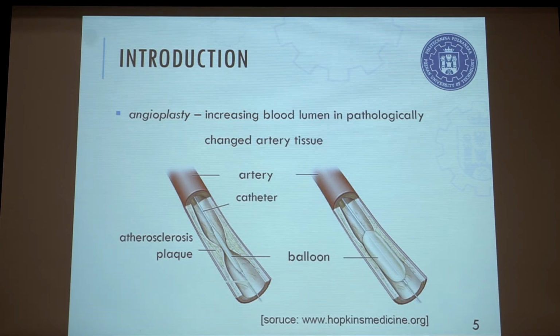The balloon is introduced on a catheter, and when it reaches the plaque, the balloon is inflated, and then the balloon, by contact, squeezes the plaque. The next step of the intervention is to deflate the balloon, and then the balloon is removed from the body.